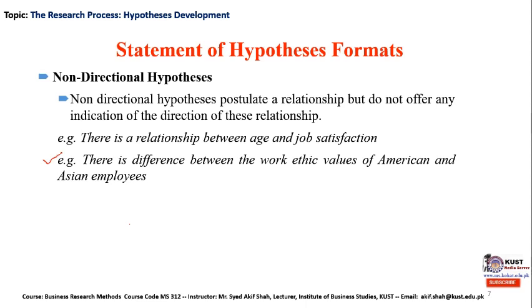As another example, there is a difference between work ethic values of American and Asian employees. Once again, we can test whether there is a difference between the work ethic values of American and Asian employees, but we cannot infer the direction of the relationship.